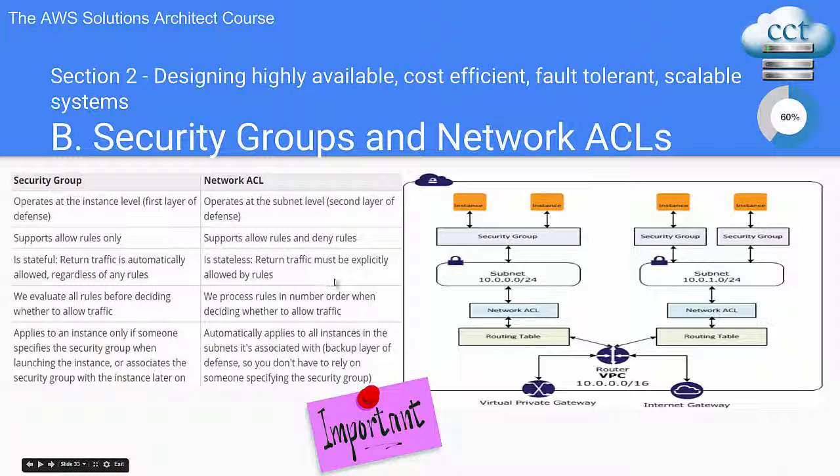Sorry, before I do that, I would try and commit this to memory: security groups support allow rules only, and network ACLs support allow rules and deny rules, meaning black and white lists. Security groups are stateful, so return traffic is automatically allowed regardless of any rules, and network ACLs are stateless. Return traffic must be explicitly allowed by rules.